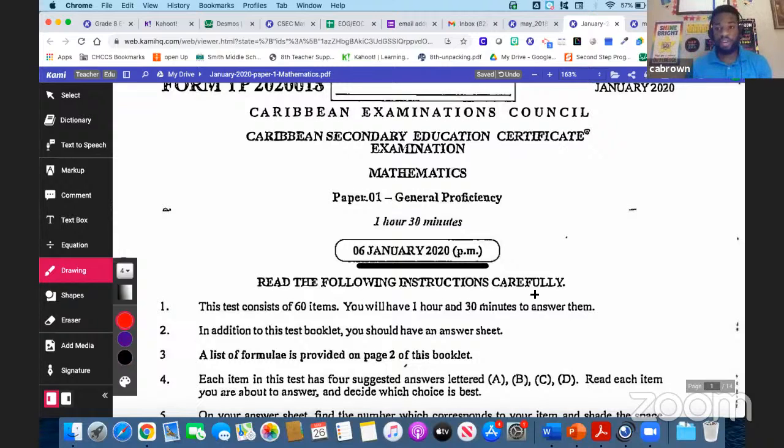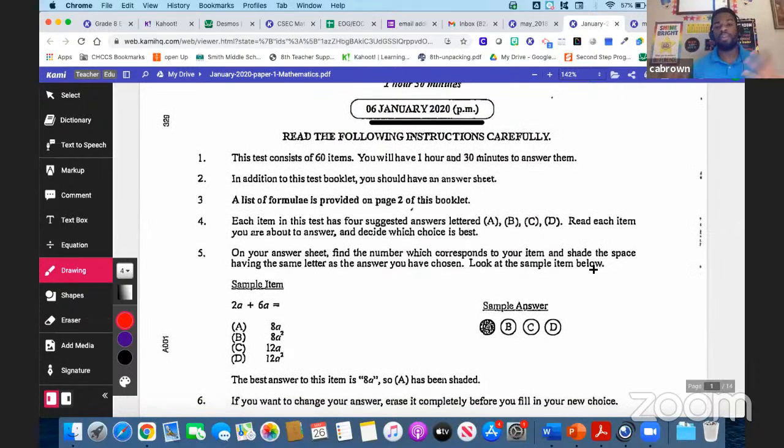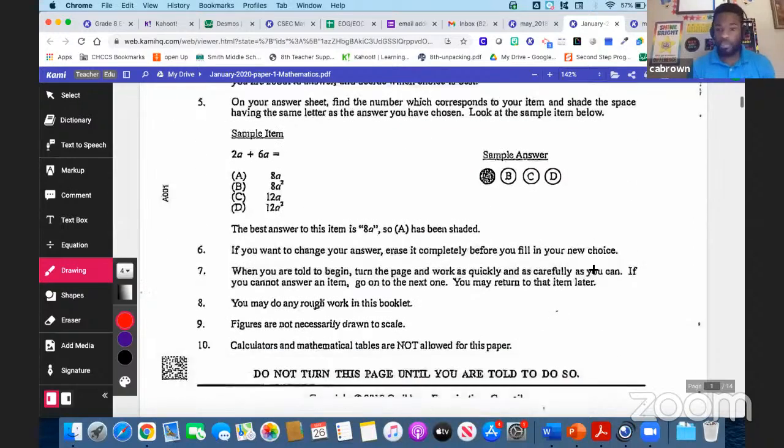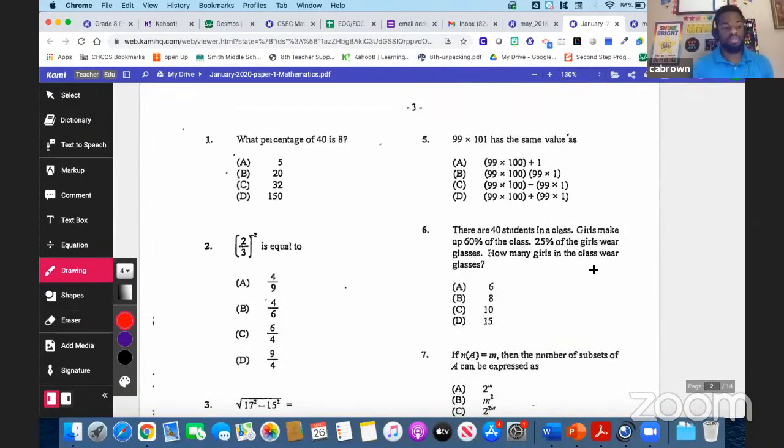The answer is there. Do not leave out anything. It's multiple choice, so there is a 25% chance, 1 out of 4, that you will get the answer right. So if you're working a problem and you're not sure, and you're probably running out of time, and you're thinking of leaving the problem, just choose an answer. Don't think about leaving out anything.